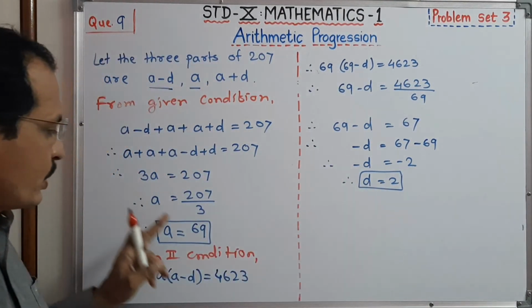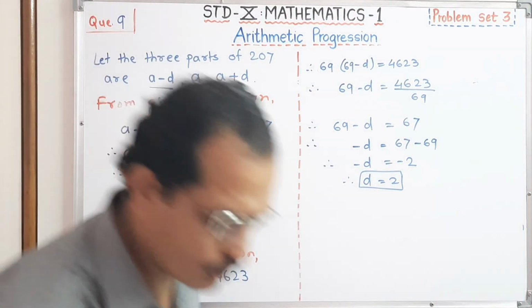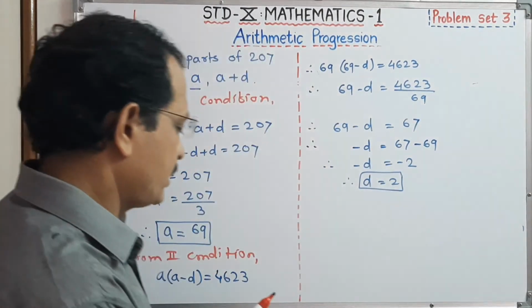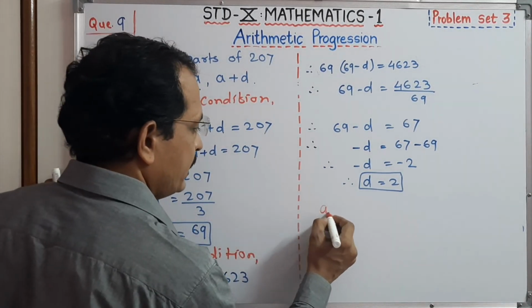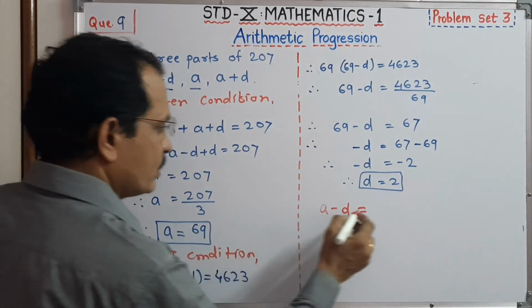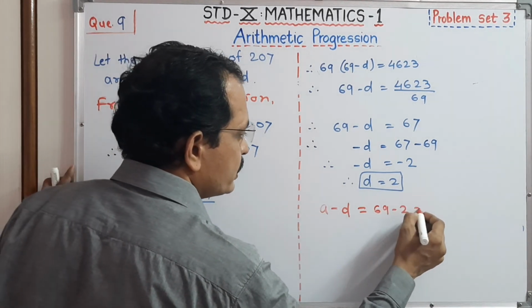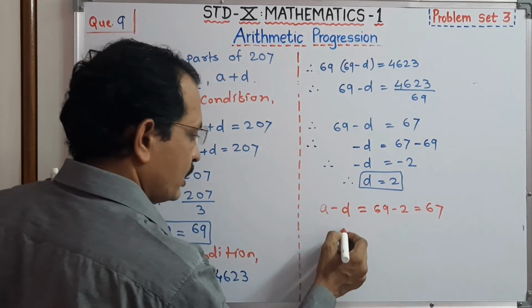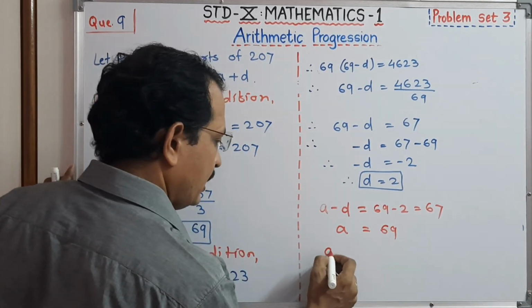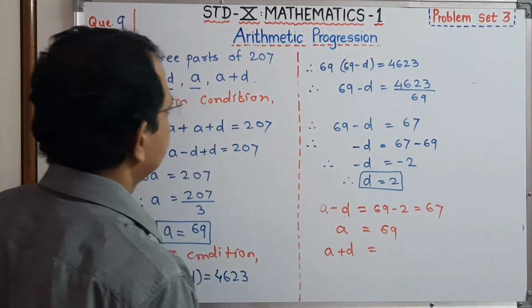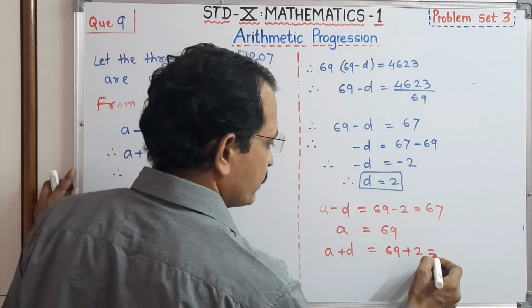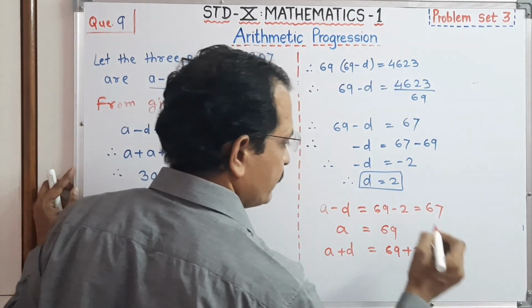Now see here, we got A is equal to 69, D is equal to 2. What do we have to find out? We have to find the three parts. Therefore the final answer: A - D is equal to 69 - 2, which is 67. A is equal to 69 and A + D is equal to 69 + 2, which is 71.